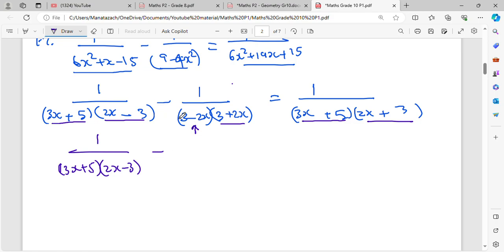So if you're going to change this around, you have to change this sign to be positive. If you do that, that means you can rewrite this factor as 2x minus 3. Then this one will come as it is.